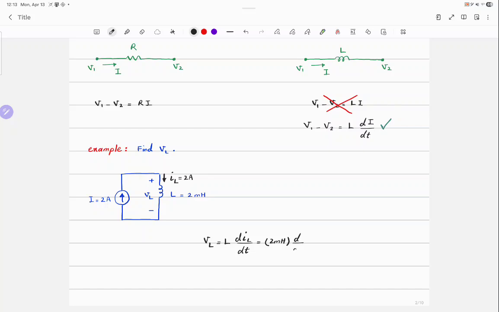d over dt of 2. It's equal to? What's the answer? 0. What does it mean?